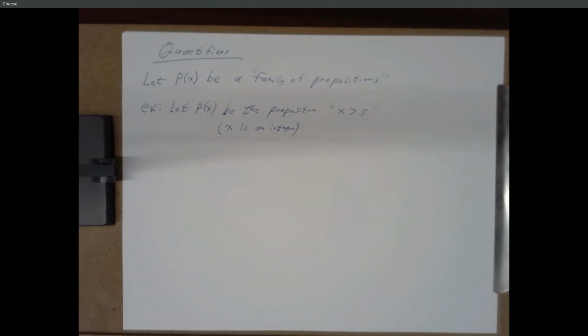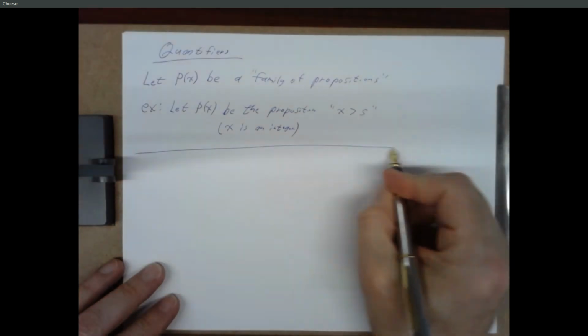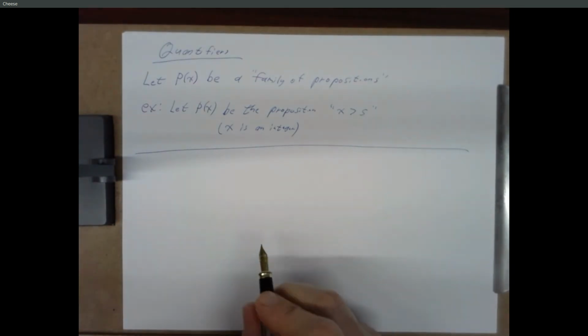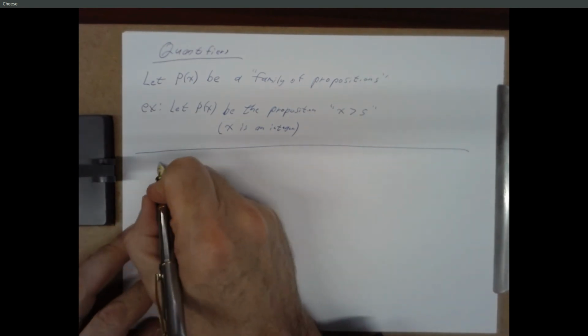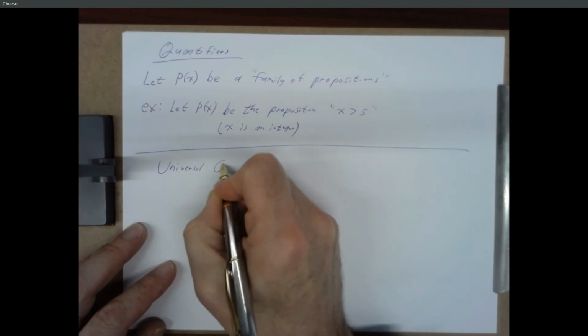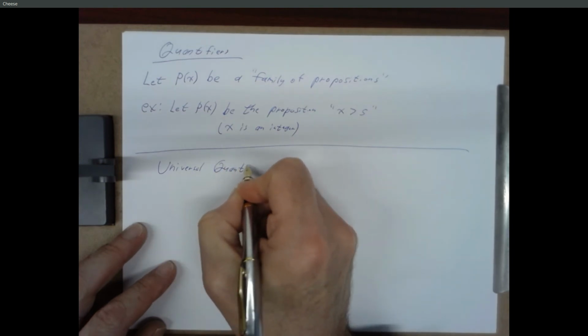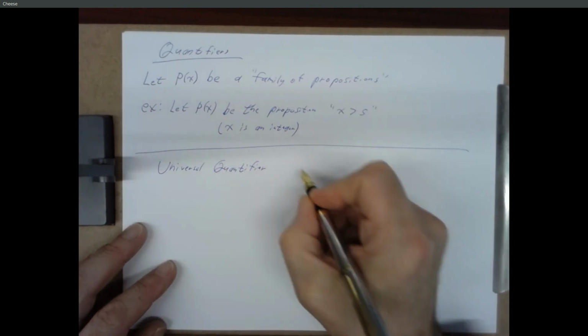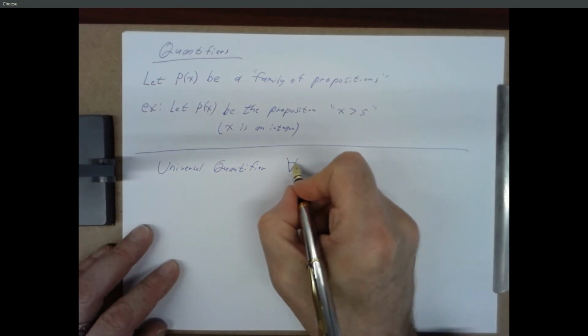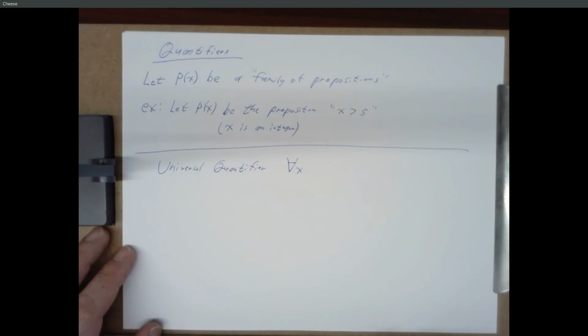Well, when we're working with these families of propositions, we have certain types of things we can say about them. So the first thing is what we call a universal quantifier. And the universal quantifier is written as an upside down A, followed by the name of a variable.